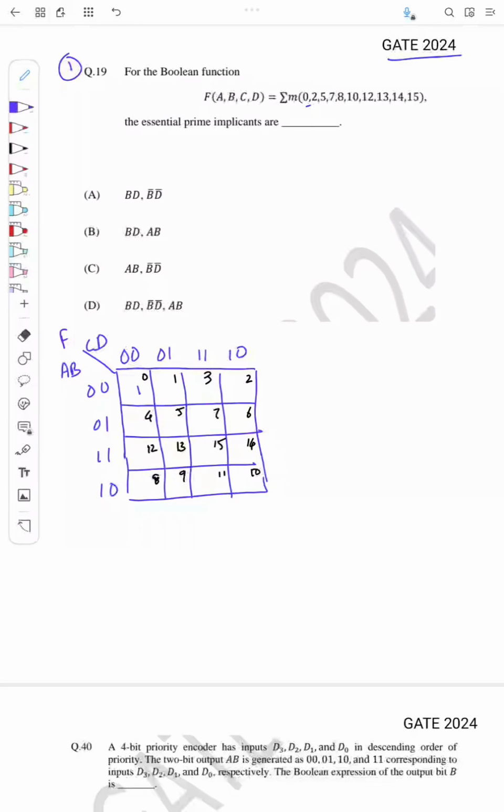We have 0, 2, then 5, 7, 8, 10, 12, 13, 14 and 15.